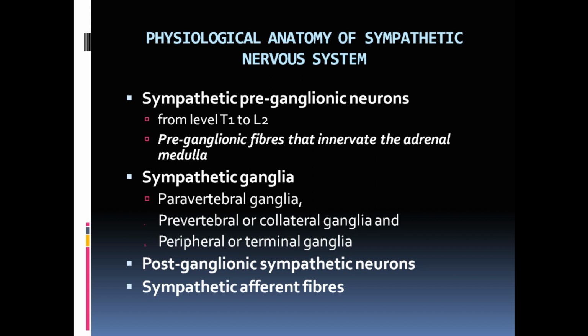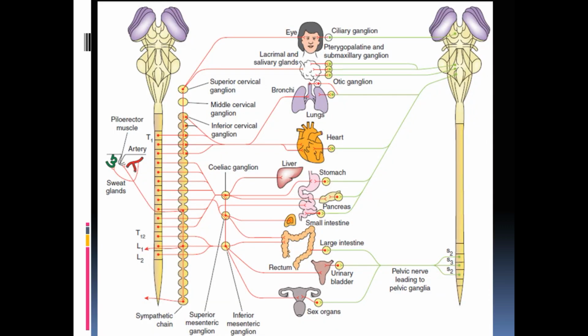Let us see what are these ganglia. So the sympathetic trunk which you can see here, or the sympathetic chain, is called as a paravertebral ganglia. Whereas these three ganglia which are present, the celiac ganglia, the superior mesenteric ganglia, and the inferior mesenteric ganglia, are also called as a prevertebral or the collateral ganglia.